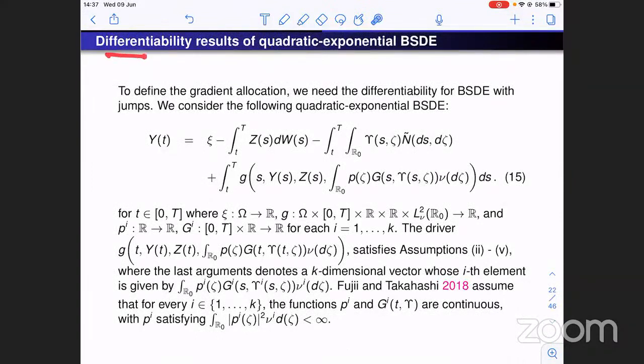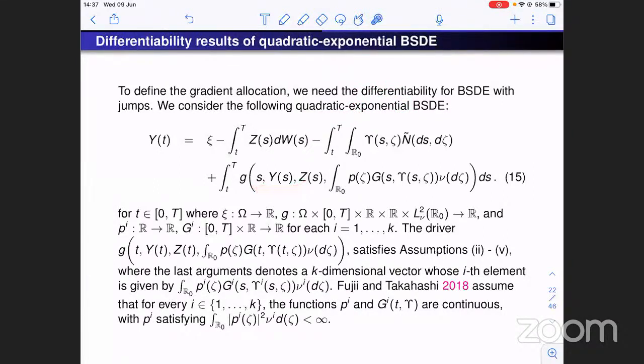So the differentiability result we captured here has been studied by Fuji and Takahashi in a separate paper, but they considered a quadratic, and on top of that, exponential generator.